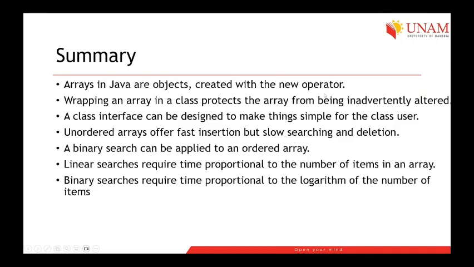So in summary, we can see that arrays in Java are treated as objects. You create them using the new operator. You need to wrap your array class in the data structure so that you can prevent it from being inadvertently altered.